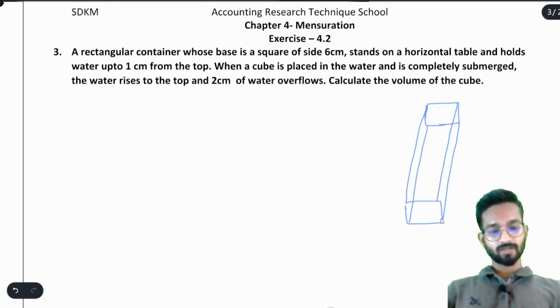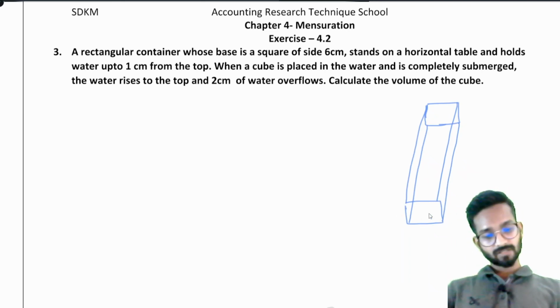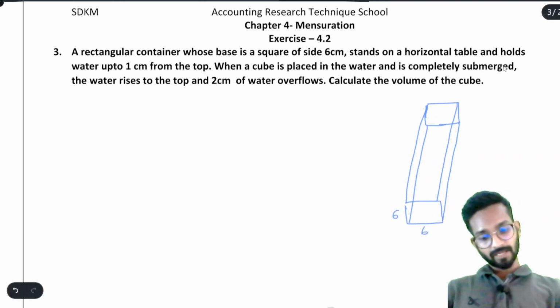Now if this is the rectangular container, the base is square, so it means this is 6 and 6, okay, and holds water up to 1 centimeter. So here is the water up to 1 centimeter, means this is blank. How much is the blank?